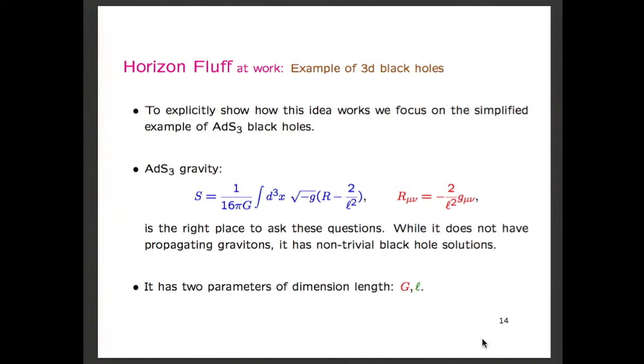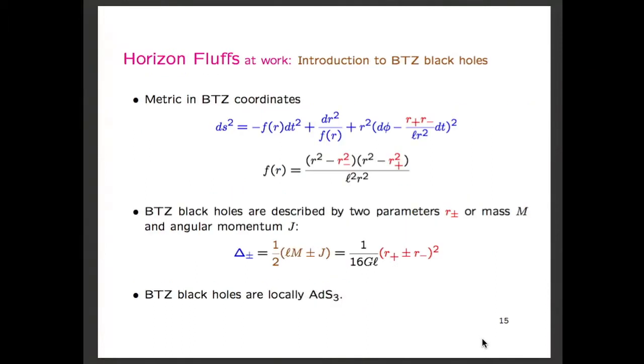So this is the simple Einstein AdS3 gravity. There are two parameters in this game, the Newton constant and the AdS3 radius. The very well-known black hole solutions to this theory are the BTZ black holes, which generically come with two parameters, r plus and r minus, and there are mass and angular momentum associated with these black holes.